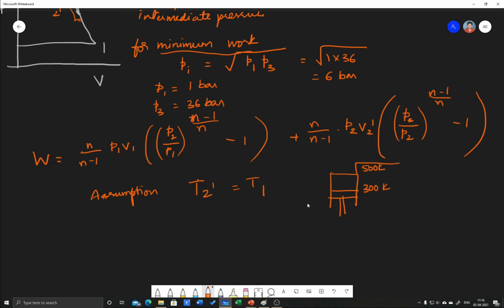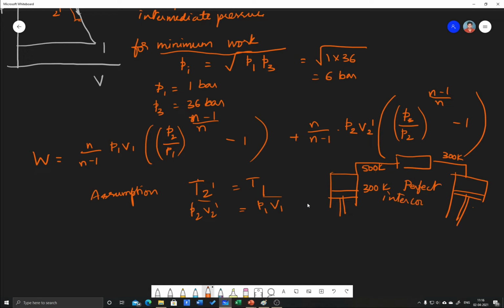So in the intercooler we will decrease the temperature again to 300 Kelvin and then it will go to the high pressure cylinder, like that. If this is the case, P2 V2 dash will be equal to P1 V1. So this is called perfect intercooling.